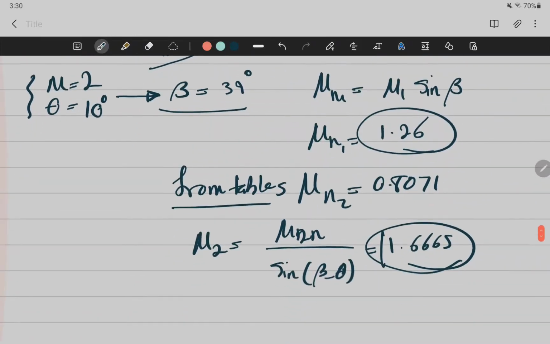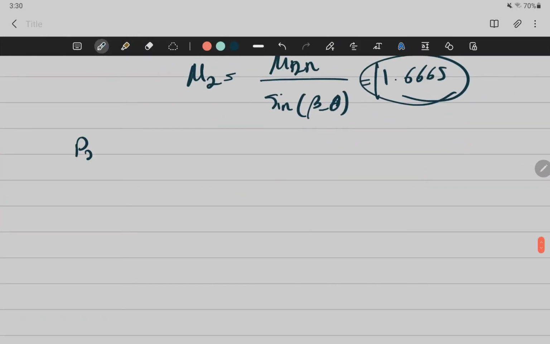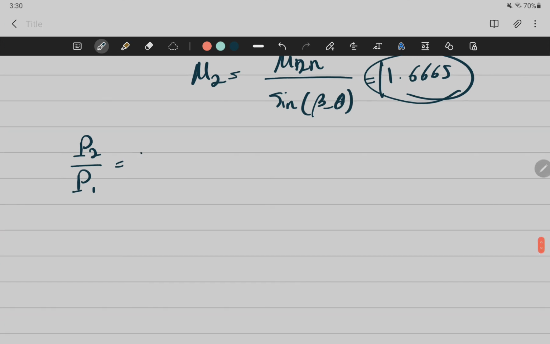We are going to read the P2 divided by P1 from the table for the downstream of the oblique shock wave, which based on what I have here is 1.6855.